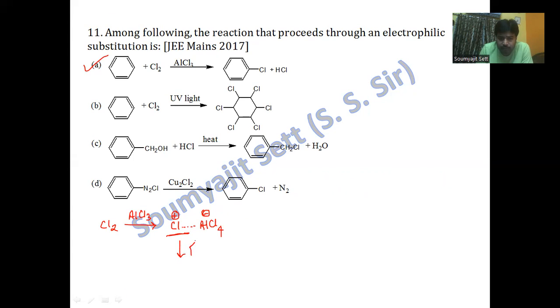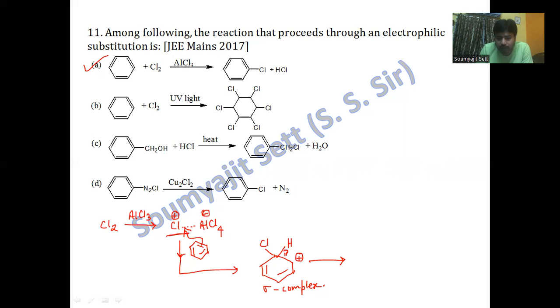When it is treated with benzene, at first this kind of sigma complex is formed, which is known as the Wheland intermediate.